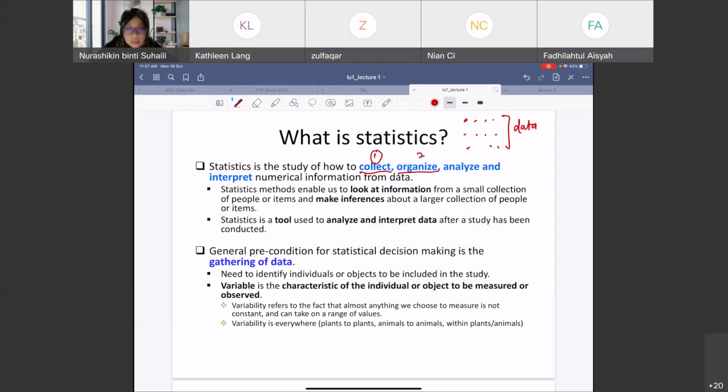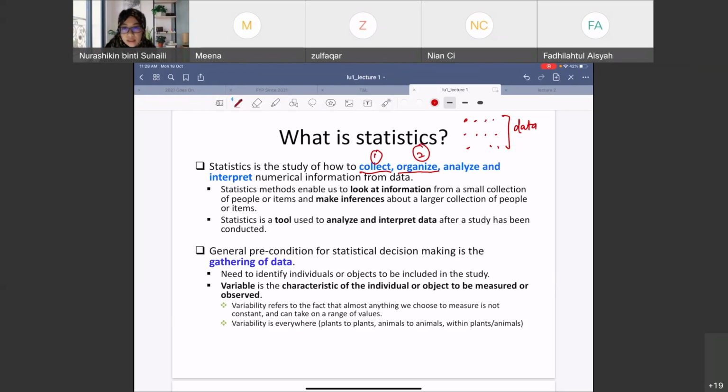Let's say the data is not in ordered form, it is in random form. So you have to organize it. In statistics, we learn how to make it in an organized form. So there is another step after collection, organization of data.